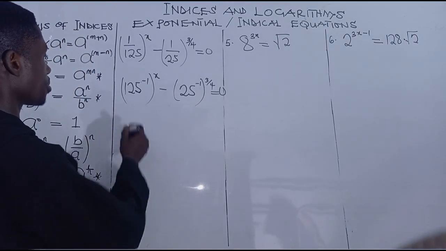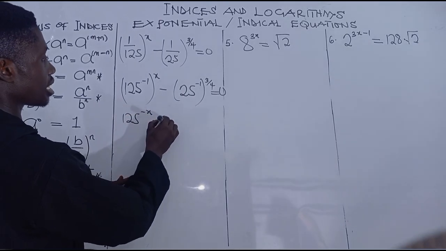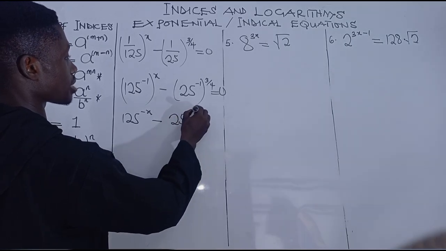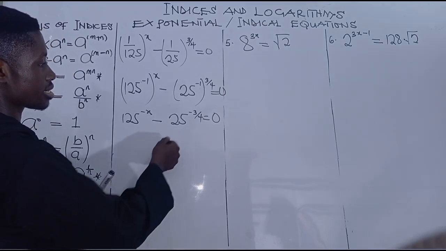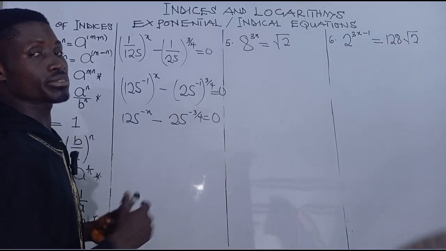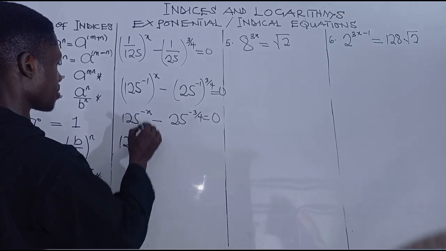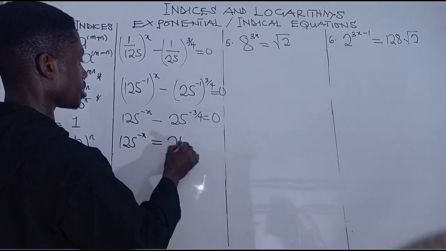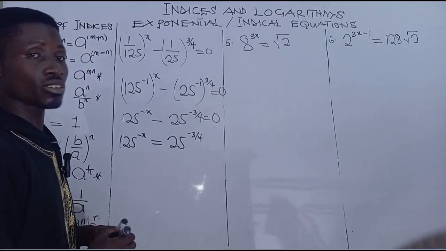Applying the power law, we shall have 125 to the power negative x and then we have 25 to the power negative 3 all over 4. Now let's bring the whole of the 25. So we have 125 raised to the power negative x is equal to 25 raised to the power negative 3 all over 4.